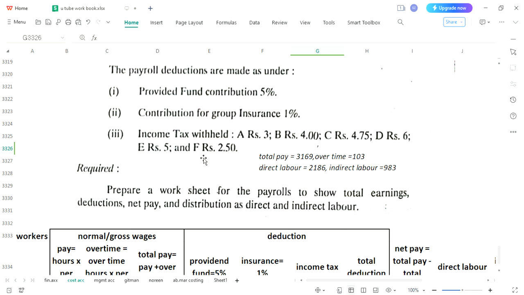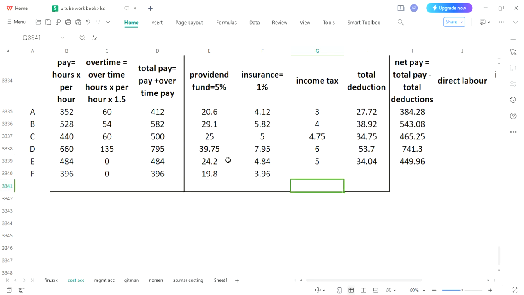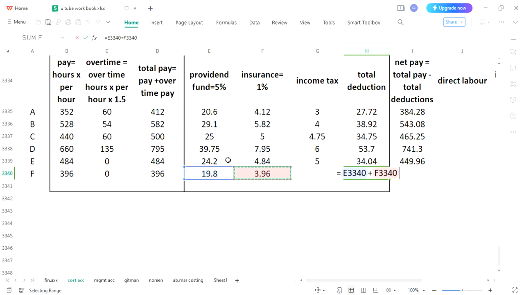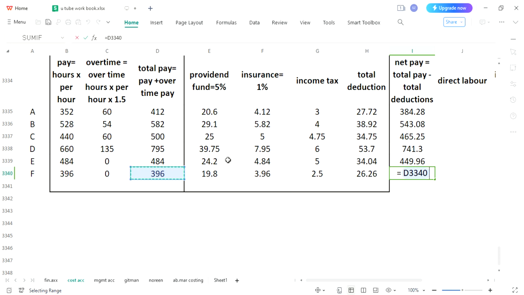F was the person. 2.5 is the income tax mentioned over here, after which you will calculate your total deduction: provident fund, then add insurance, and you will add income tax. Total deduction 26.26. Now net payment: gross payment 396 minus 26. So you have got your payment. In this way all calculation regarding your net pay has been completed.